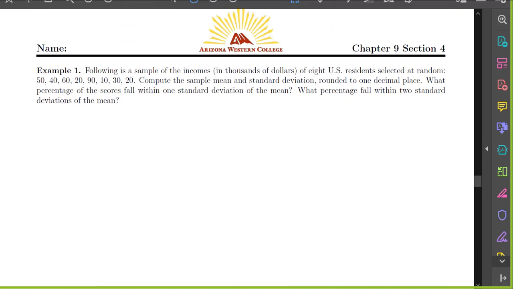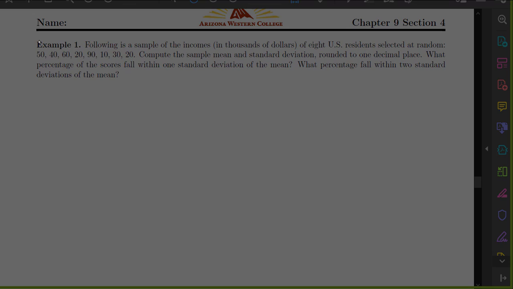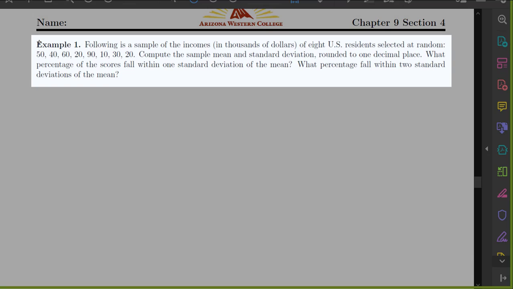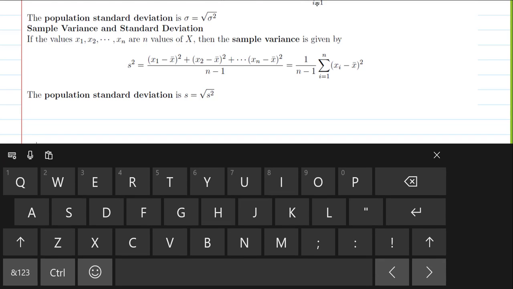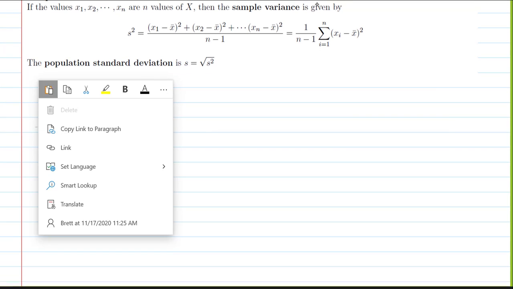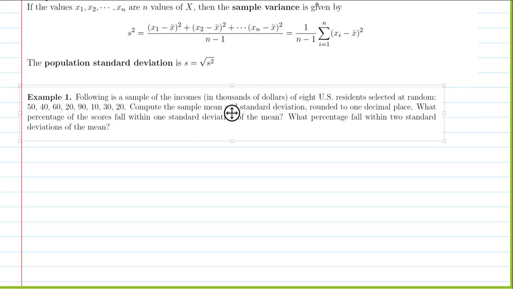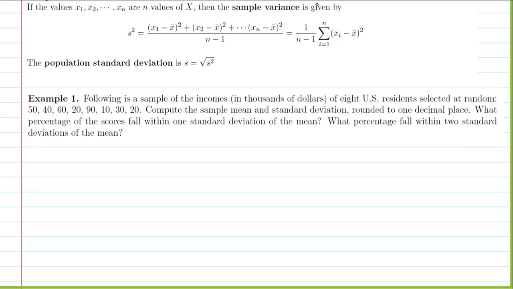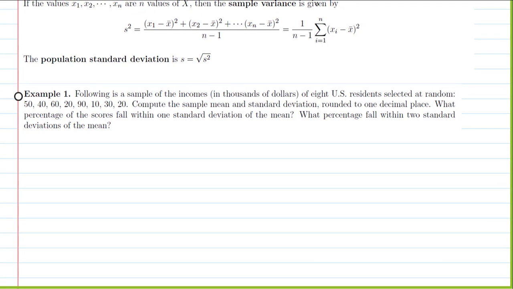All right, so an example. The following is a sample of incomes, in thousands, of 8 U.S. residents selected at random: 50,000, 40,000, 60,000, 20,000, 90,000, 10,000, 30,000, and 20,000.